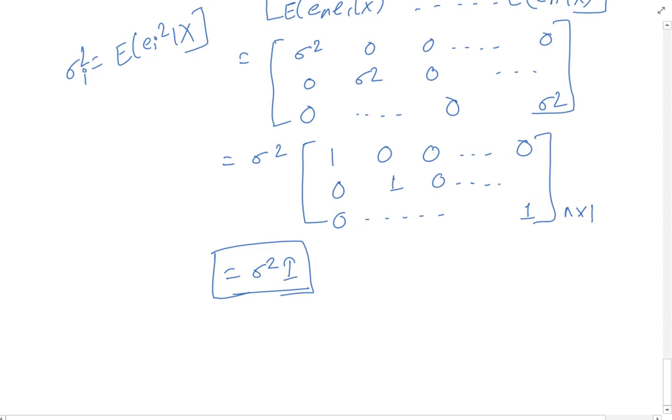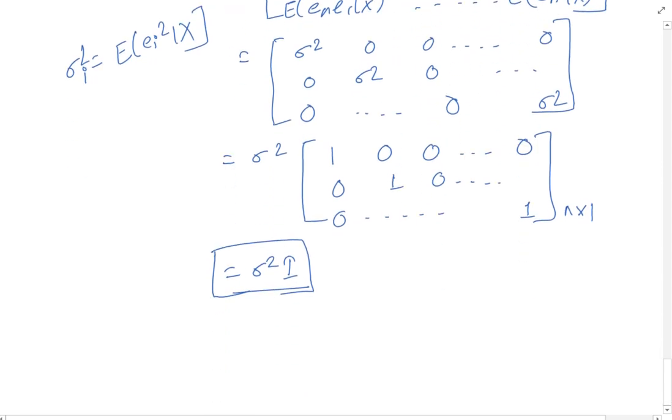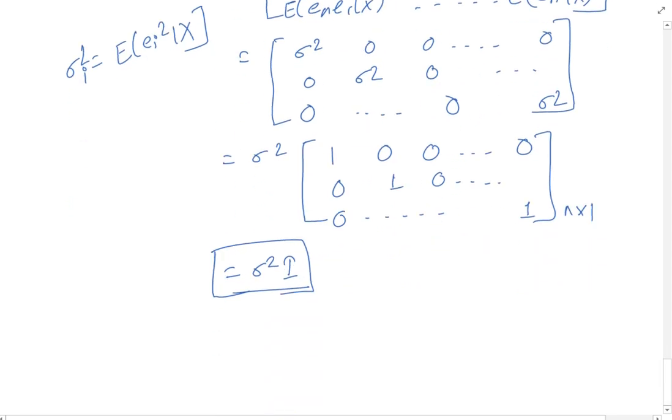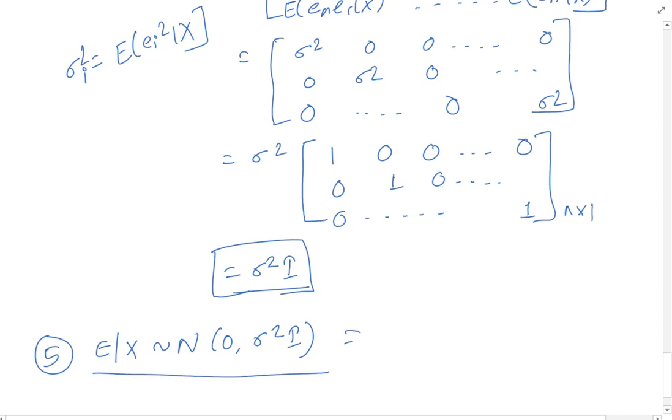And following it, the last property, I think we have in number 4, number 5 is that the error term given X is normally distributed with mean 0 and variance sigma square I. This is the property for the normality condition.